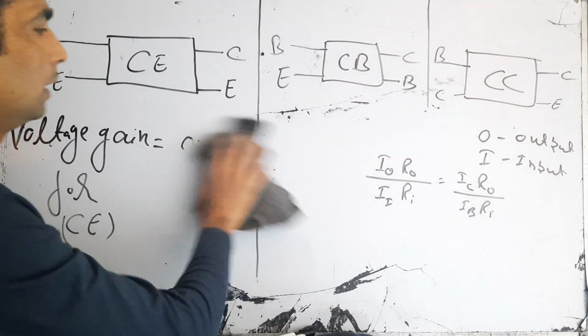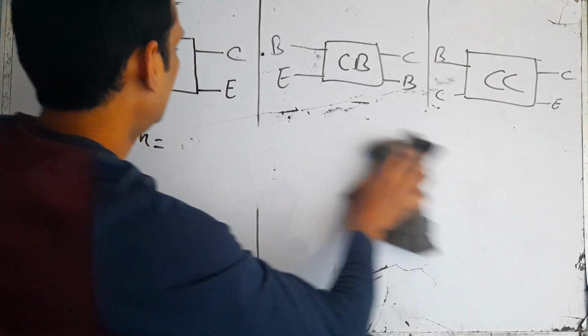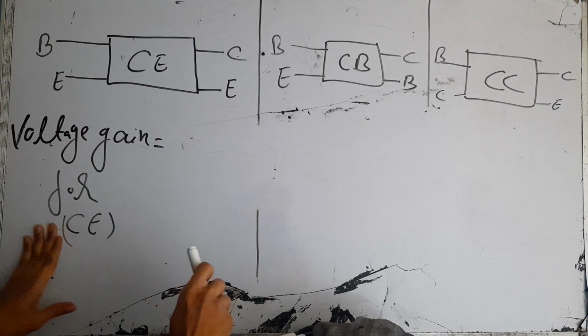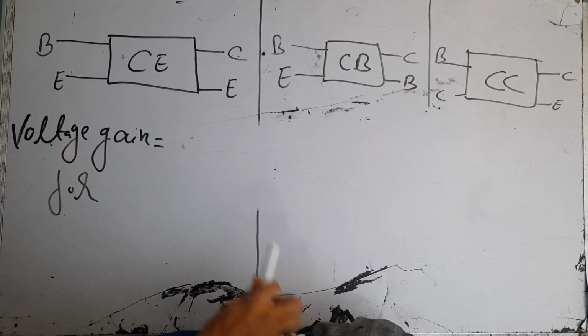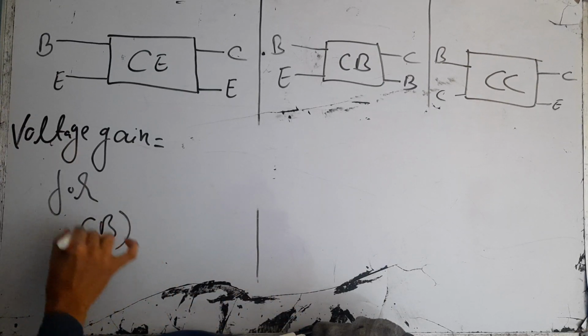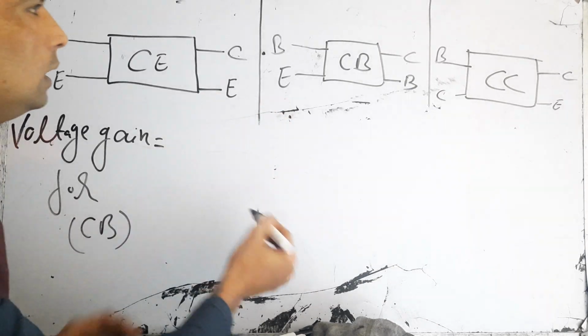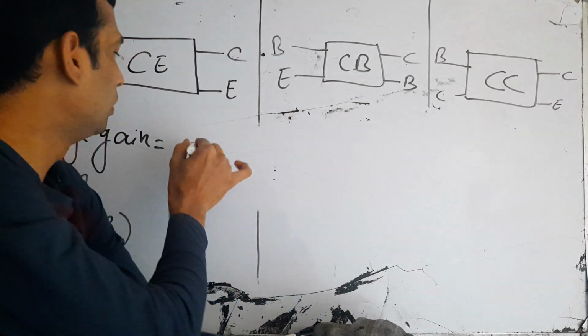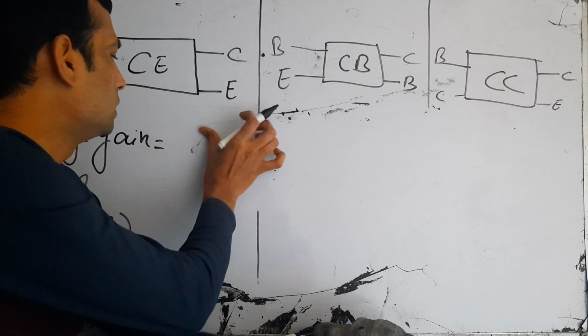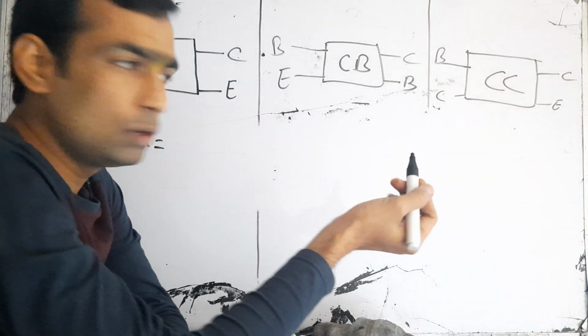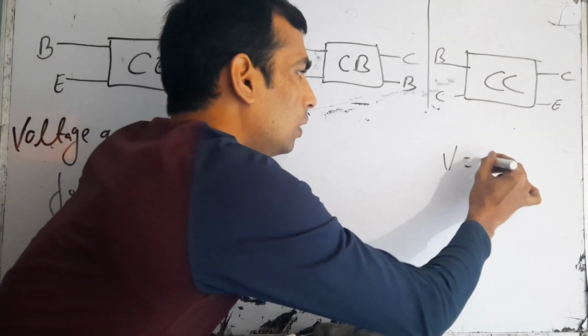Next is voltage gain for common base. Again the same formula. Output voltage, again use the result V is equal to IR.